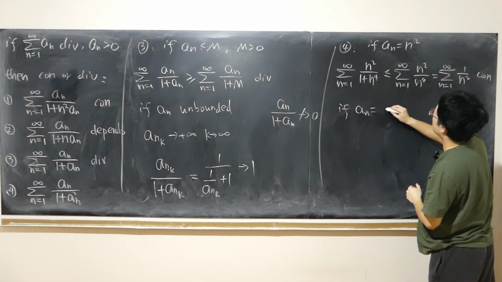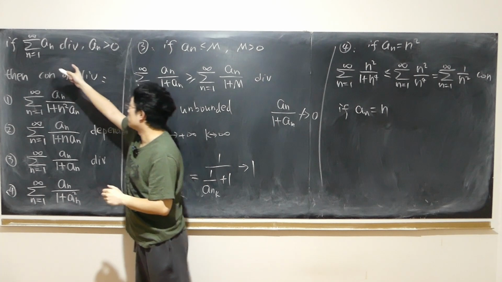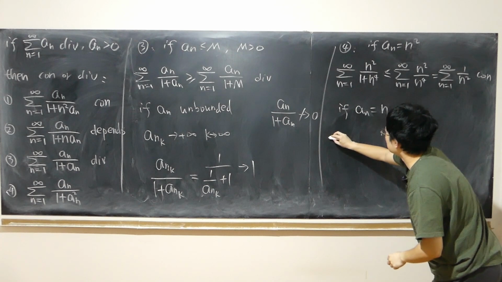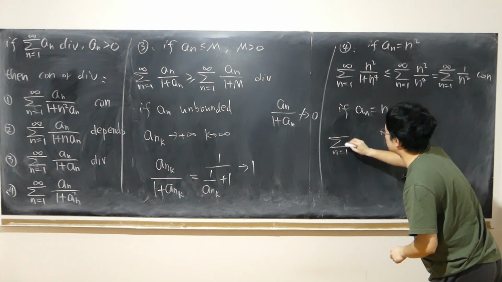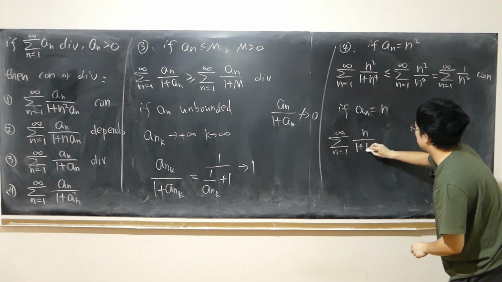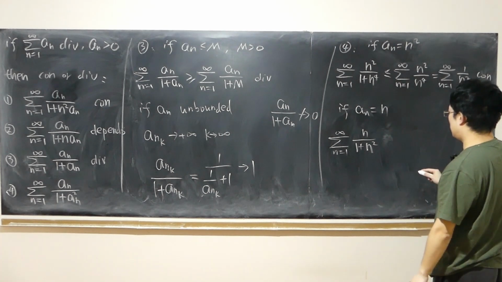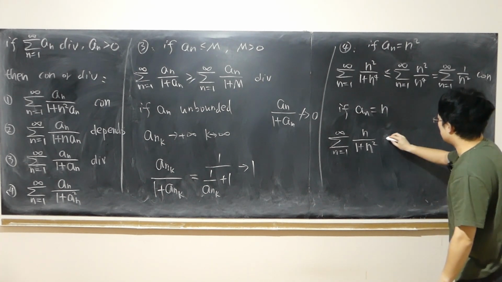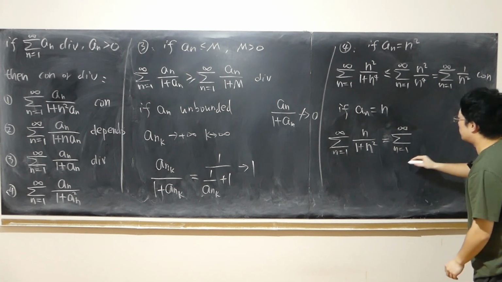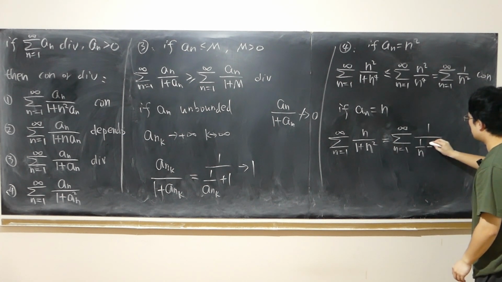In this case, if a_n is equal to n, the infinite sum of n is still divergent. But this time I have the sum from n equals 1 to infinity of n over 1 plus n squared, which is equal to, dividing everything by n, 1 over (1 over n plus n).